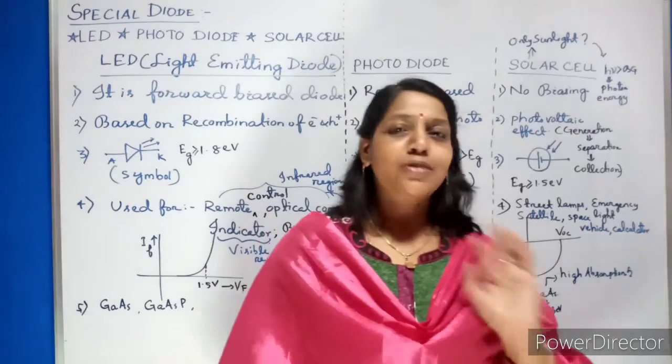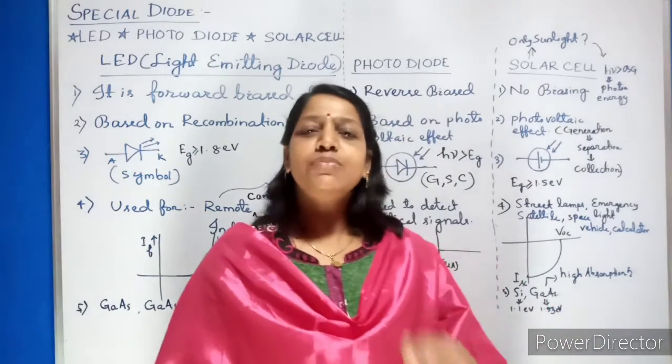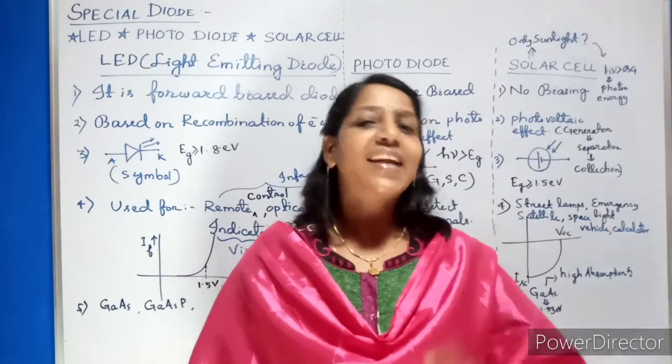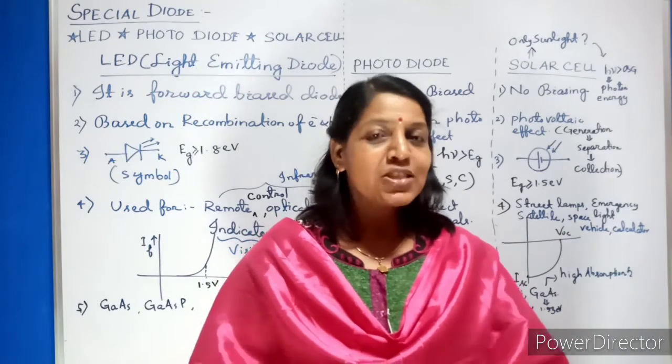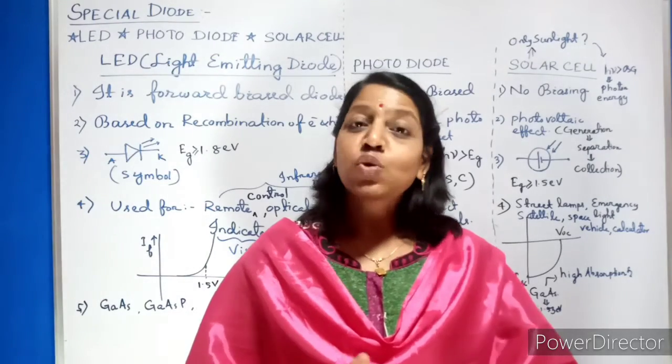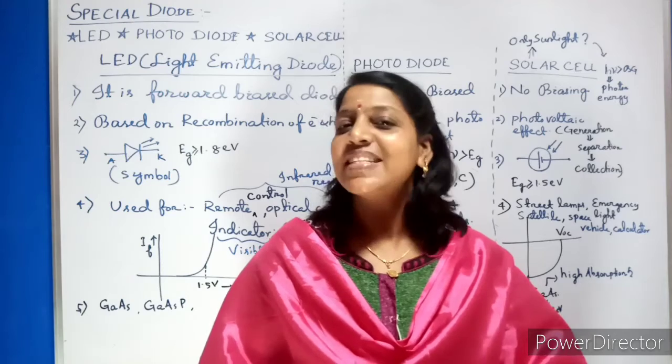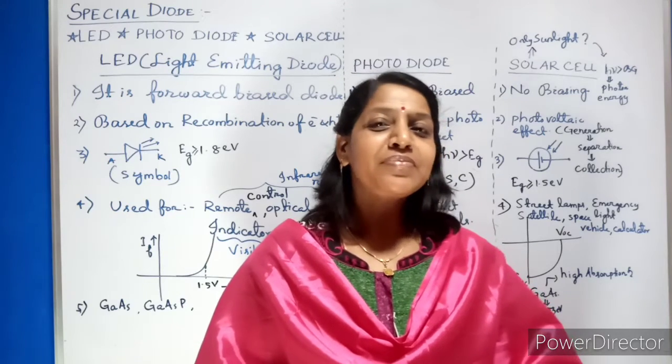Now there is a beautiful question regarding this. Most people believe that a solar cell operates only on solar light. Is it correct? Does a solar cell need sunlight to operate? No, the answer is no. Why?